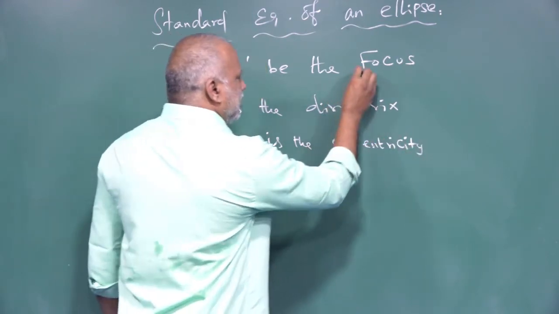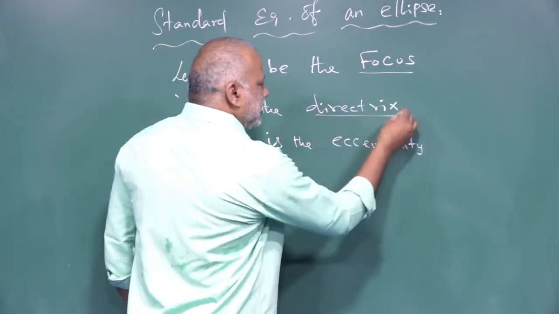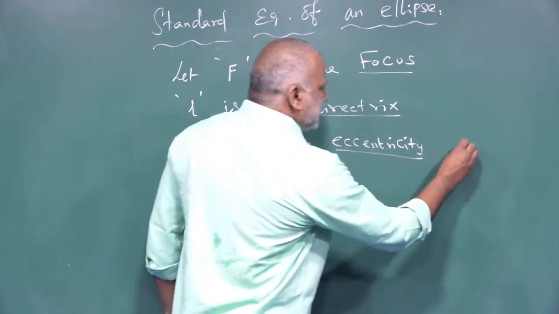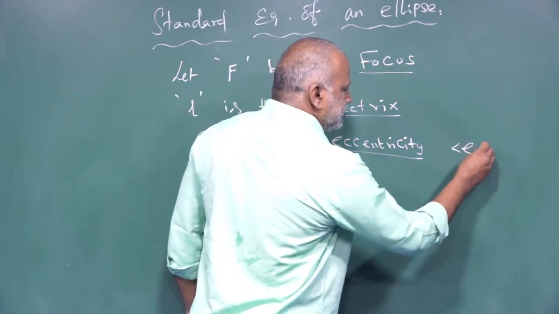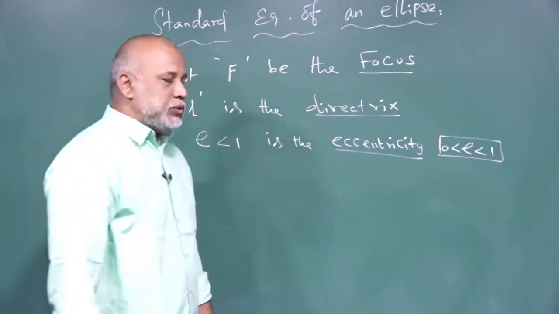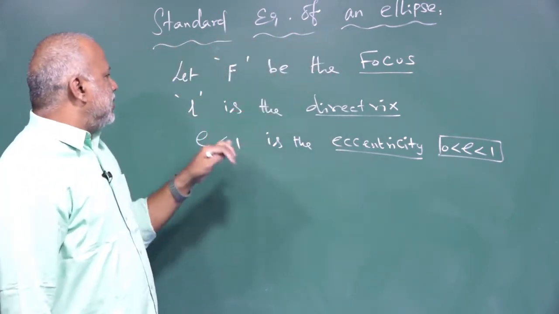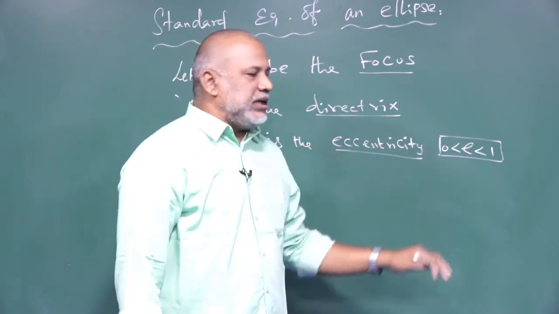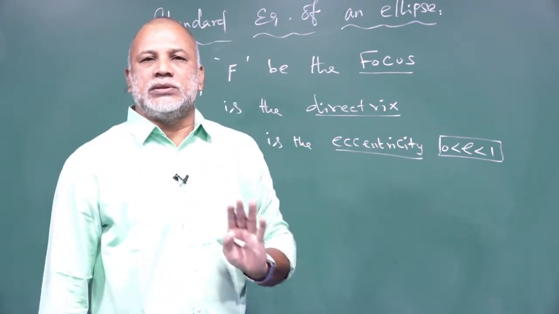All these words already used: focus, directrix, eccentricity. Here E less than 1 means E is between 0 and 1. This is the logic we are using. So let F be the focus, L is the directrix, E less than 1 is the eccentricity of an ellipse.